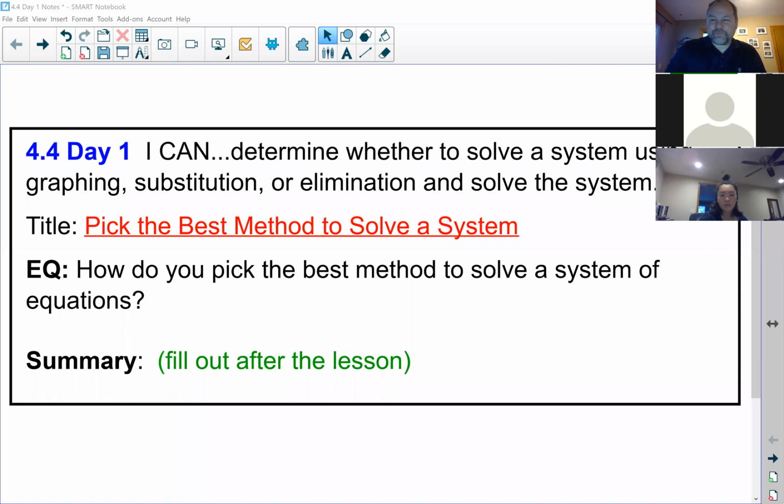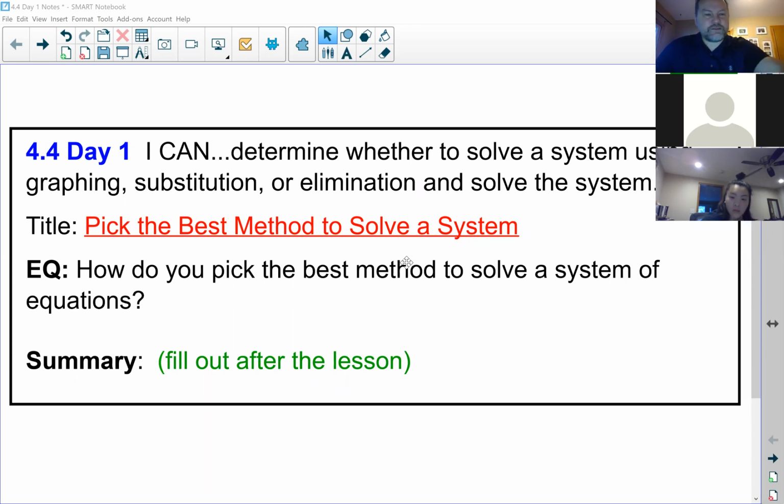All right, then let's get going on today's stuff. In the last three classes, we've talked about solving systems by graphing, by substitution, and by elimination.